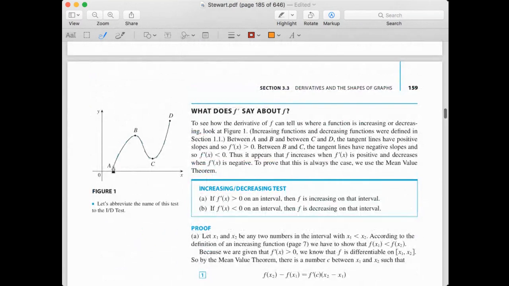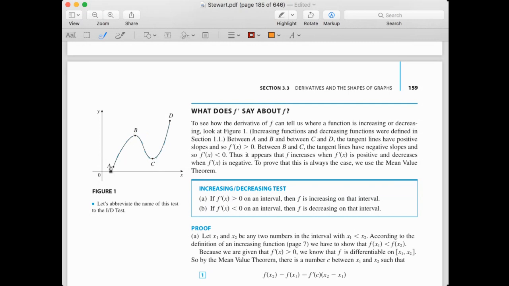Look at this. From a to b, the function increases. From b to c it decreases. Then from c to d it increases. So b is a turning point, and c is a turning point. We call these critical numbers. So b, f of b, and c, f of c are critical numbers.